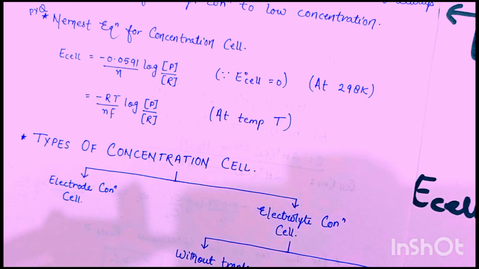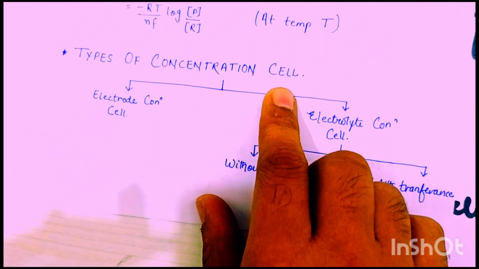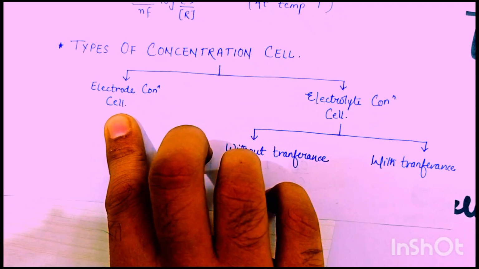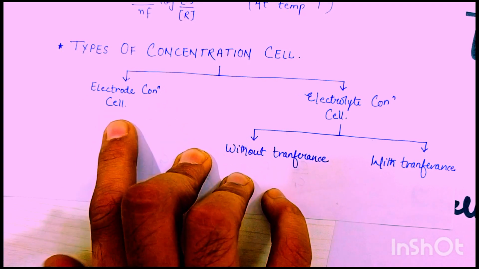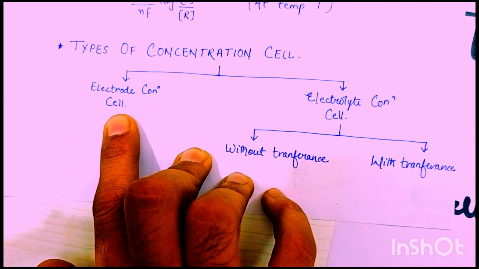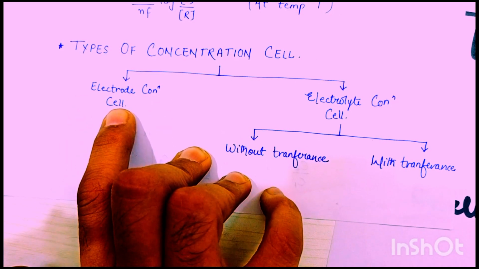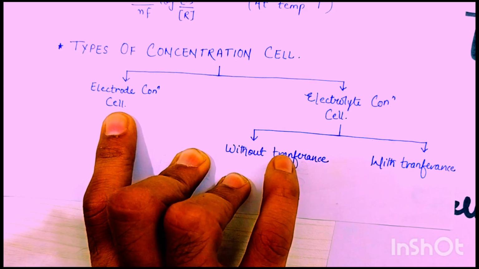Now it's time to discuss the different types of concentration cell. There are two different types of concentration cell. The first is the electrode concentration cell. As the word itself indicates, an electrode concentration cell is a cell where there is a difference in the concentration of the electrode. The electrode is mostly made up of solid.